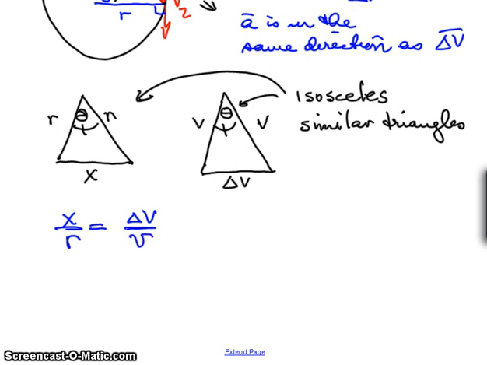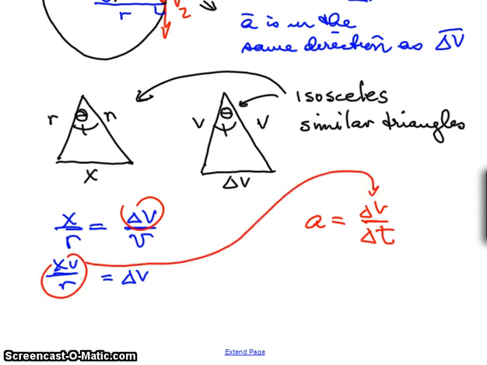And you notice here, I've got an expression for delta v. Here, again, is our equation, delta v over delta t, the acceleration. Let's solve for delta v. Delta v is going to equal xv over r. Well, now I can take this and plug it in here.